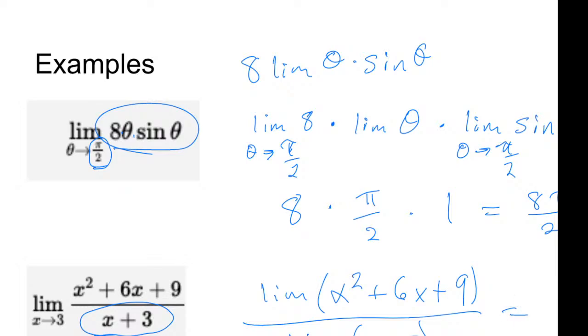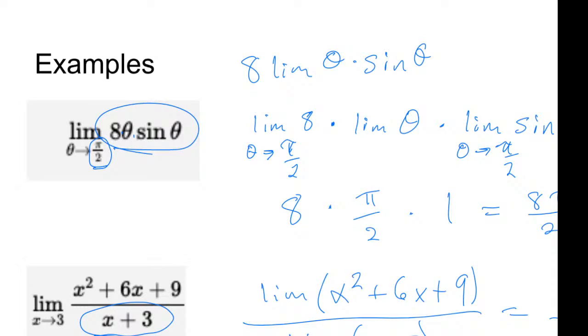And so again, remember we have that one that if it is a polynomial, we could just evaluate the polynomial so we don't have to get all this stuff. And both of these are polynomials now. So I could just plug in 3. The limit will be 3 squared plus 6 times 3 plus 9, divided by 3 plus 3.